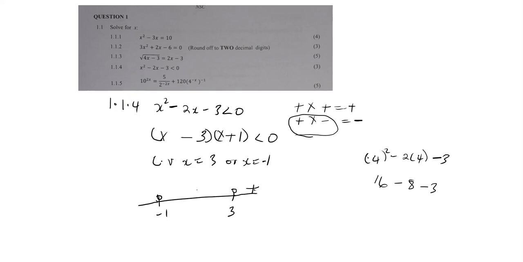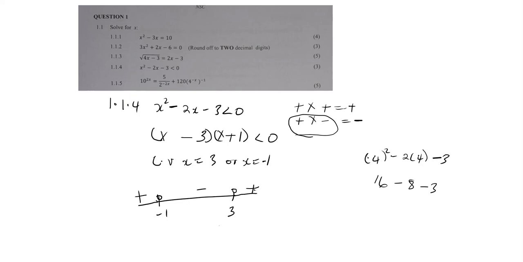And these sides, they alternate. If it is a quadratic inequality of this nature, if this side is positive, this side will be negative, then this side will be positive. So when you want to find the solution, you go where it says negative, because the inequality symbol from the original equation says less than 0.